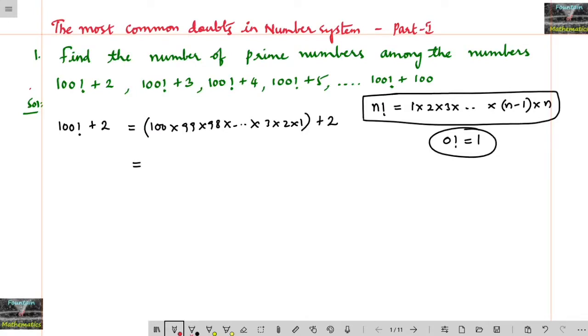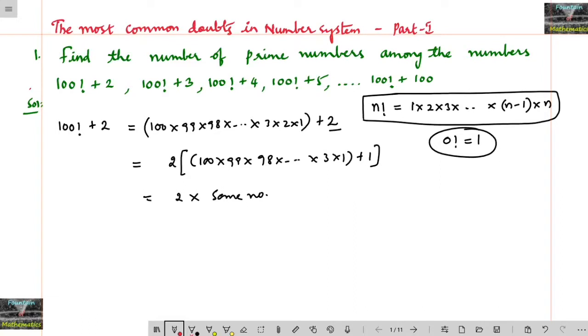Yes, obviously we can find 2 here. So I can take 2 common from both, and the remaining is 100 into 99 into 98 and so on, into 3 into 1, plus 1, which is equal to 2 into some number.